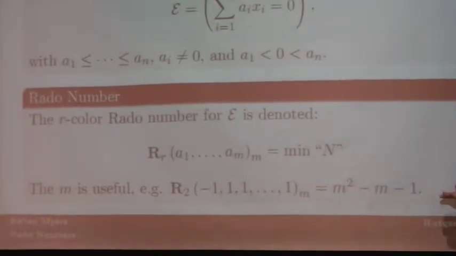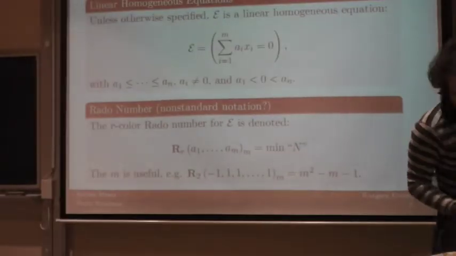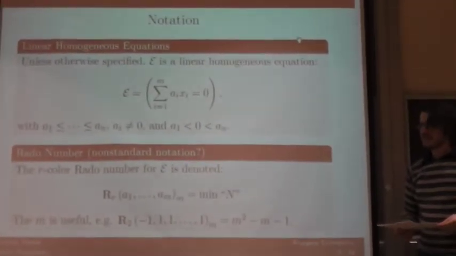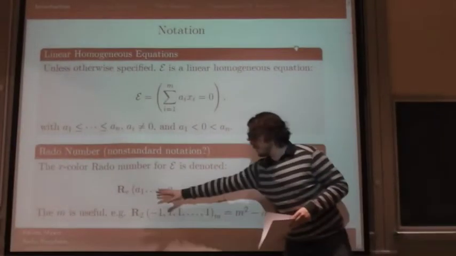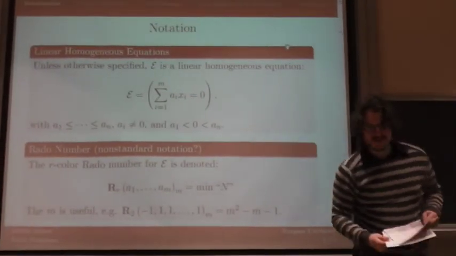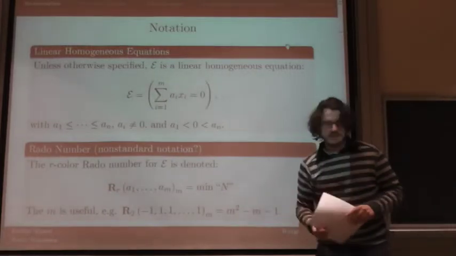And that will give you a formula in terms of m. Is the notation clear? This is not necessarily standard notation, but as far as I know, there is no standard notation. Some people just put the equation in here, but that has its own issues about consistency and canonical representations.